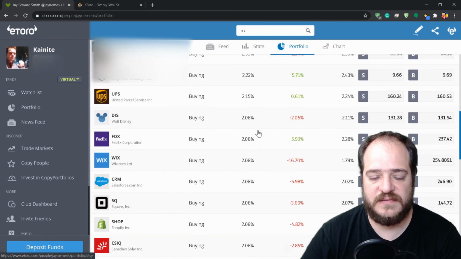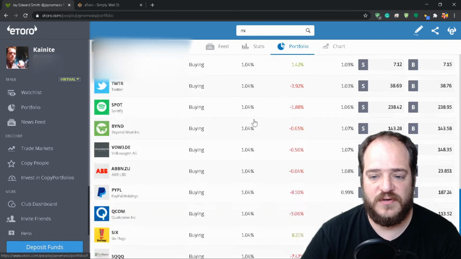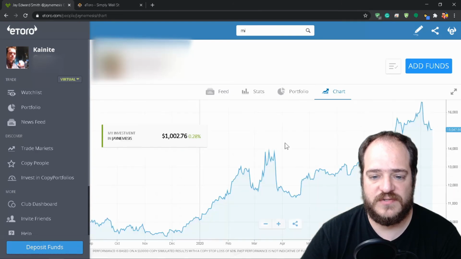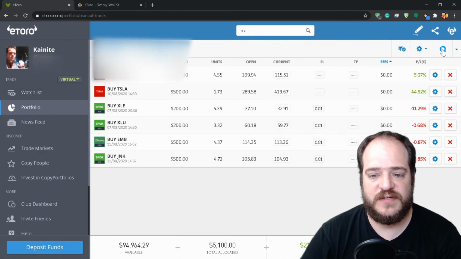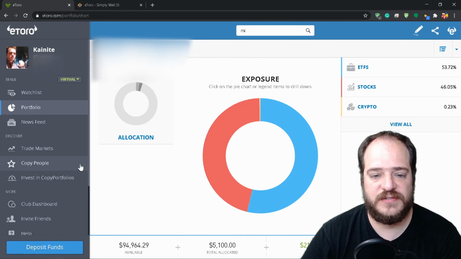You can see all your stocks, and you can see also a chart of your performance. So this is actually not 15,000, it's an average that they use to see what is the performance of your portfolio. So actually we don't have too much information in these charts.